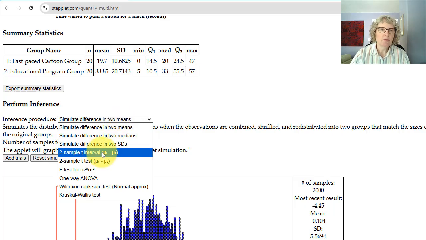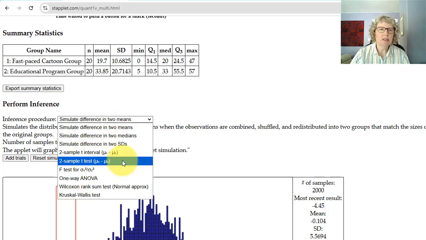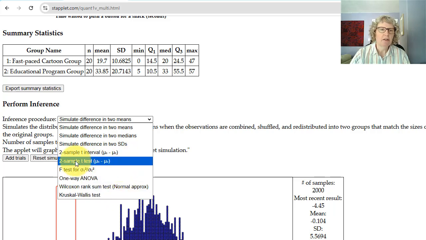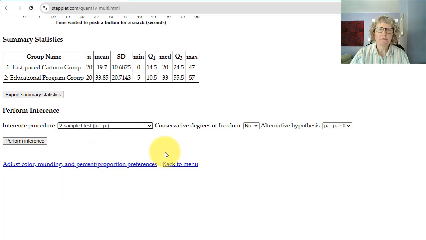So we have a 2-sample t-interval and a 2-sample t-test. And you can see other things that we're not going to do right now, but other things that are possible.